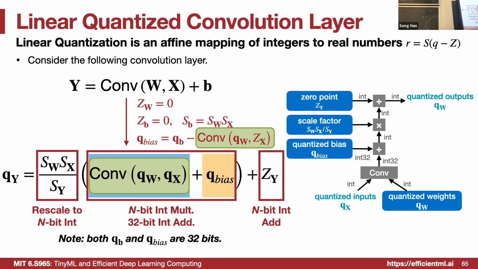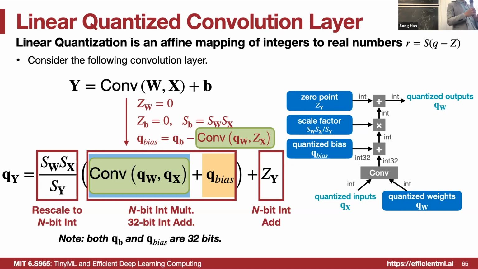The scaling factor multiplication will also be done by integer followed by a shift. Then we add the zero point of the y, and finally we get the quantized output, which can be fed to the next layer. The intuition behind this scaling factor is that it contains three terms: the weight, activation, and the output. That makes sure the output can be directly fed to the next layer.